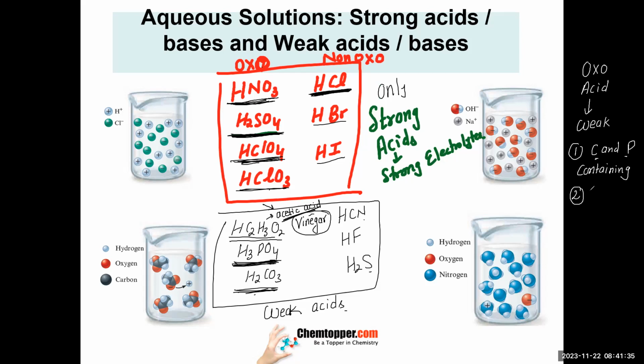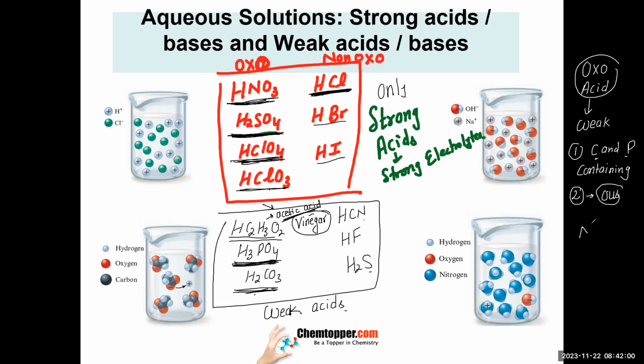Second, they should be ending with -ous. Sulfurous, nitrous, chlorous, hypochlorous. These are weak acids. They are ending with -ous. In oxygen containing acids, please write down this rule. Weak oxo acids are these. Easy to identify.